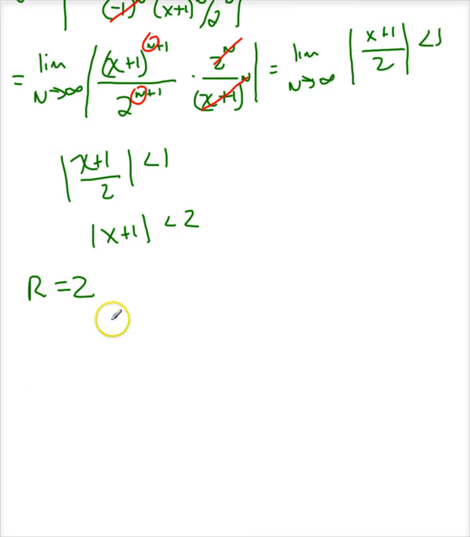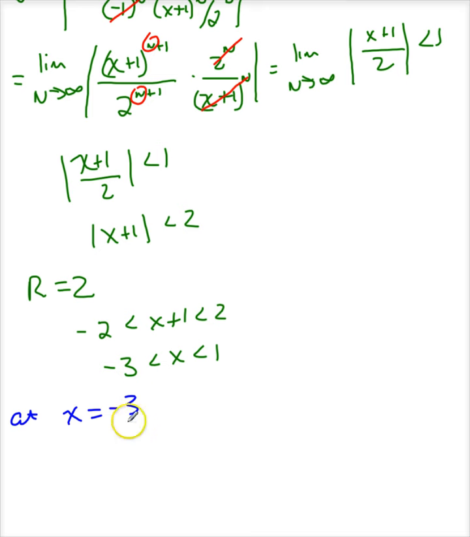It's possible that it will be a little more complicated to find out what your radius is. We use our inequalities. So x has got to be between -3 and 1. All right, so we have our radius. Now we need to check the endpoints at x equal -3. What does my series become?